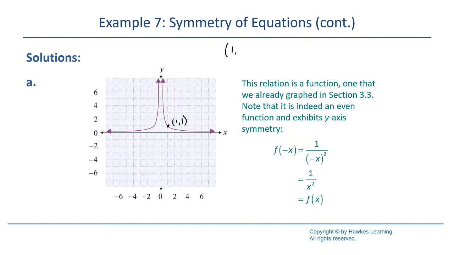So if I have 1, 1, by symmetry, I also know that -1, 1 also is a point, because f of x equals f of negative x. So literally you cut down half the work because you only have to find one point.